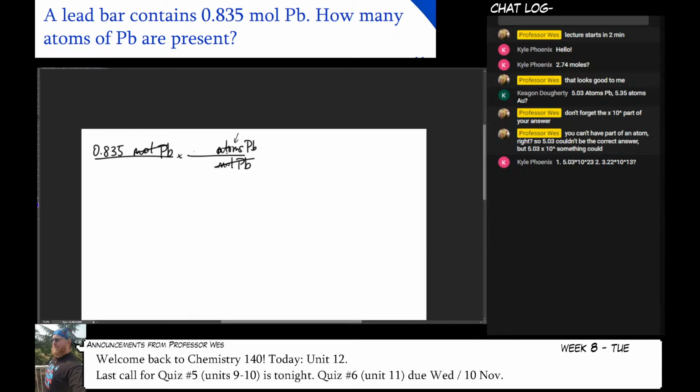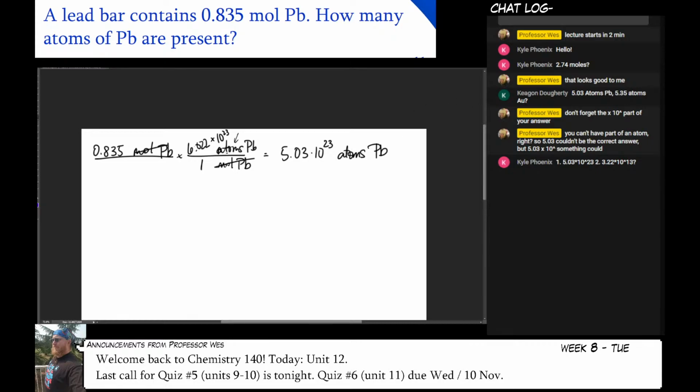That's atoms, right? So, Avogadro's number of atoms per mole. And so I punch in the calculator and I get probably like 5 times 10 to the 23 something, right? 0.835. 5.03 times 10 to the 23 atoms of lead. There you go.